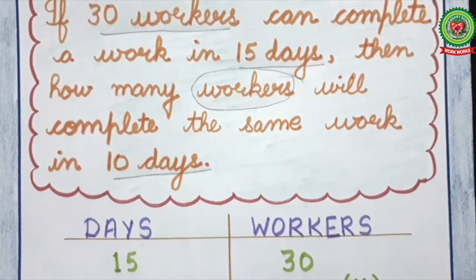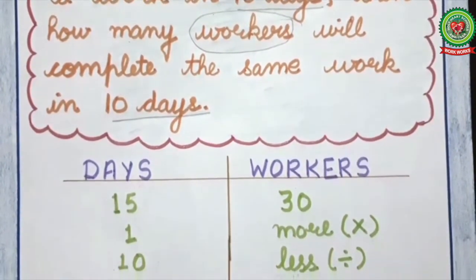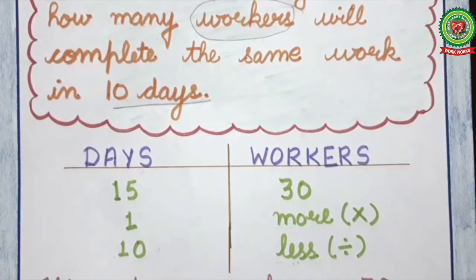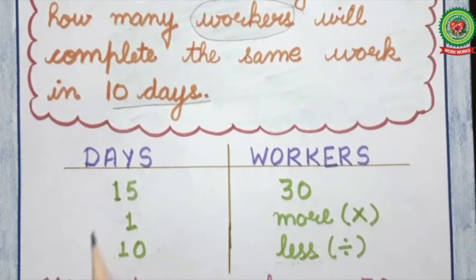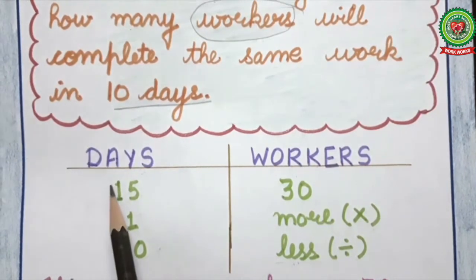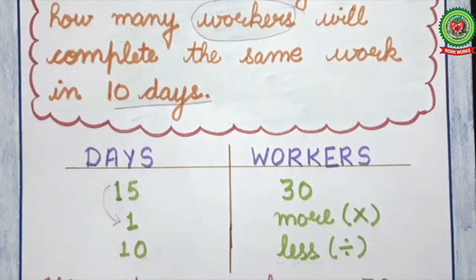Here we will apply unitary method. That means firstly we will find number of workers for 1 day and then we will move towards 10 days. Here think about it, when we move from 15 days towards 1 day, number of workers will increase or decrease?